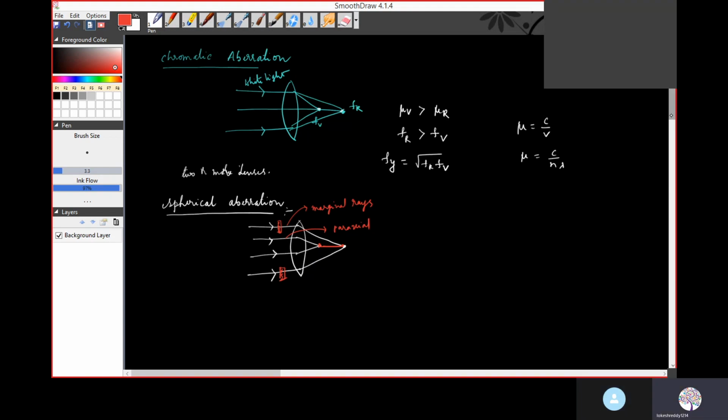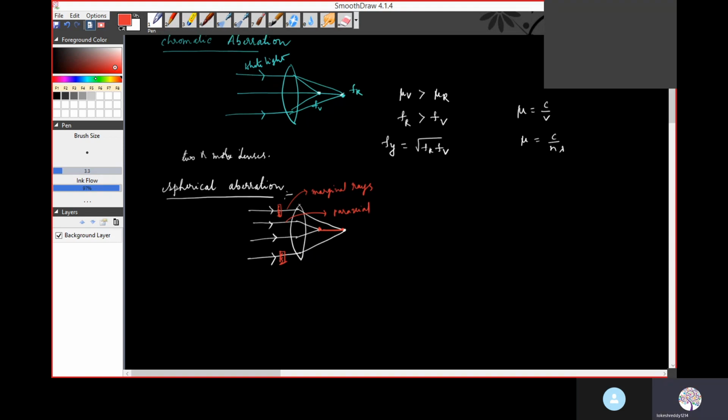Now if you have a lens like this, made up of two different materials, and you incident light here, how many images are formed? Only one image is formed.